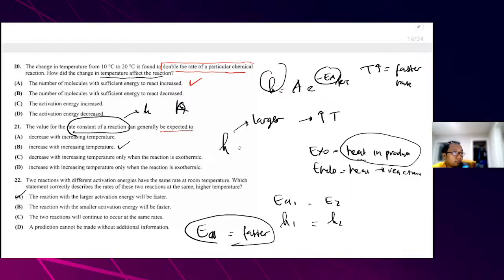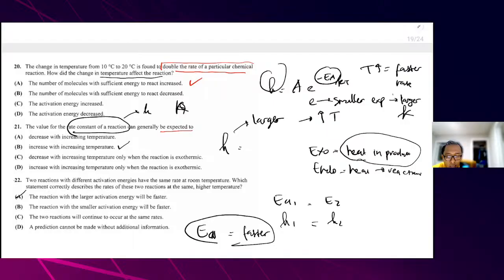Remember, higher temperature gives us a smaller exponential term, because this one is minus, which means larger k. This is always true whether the reaction is endothermic or exothermic. Just remember, if we increase the temperature, we will have a faster rate and a bigger rate constant, because the exponential value will be smaller.